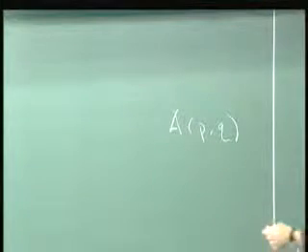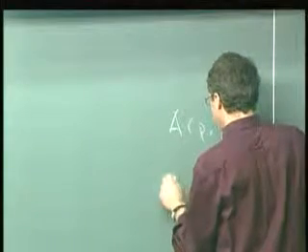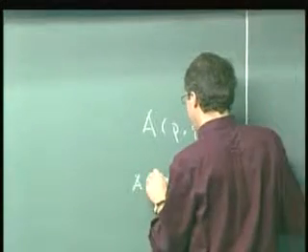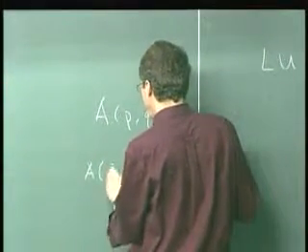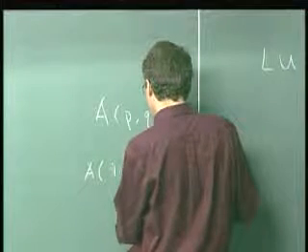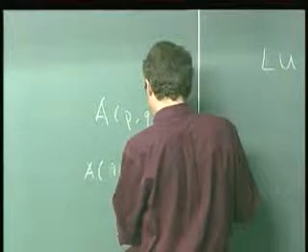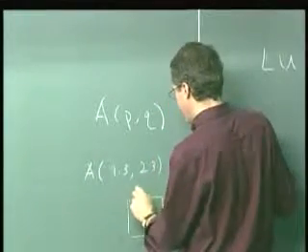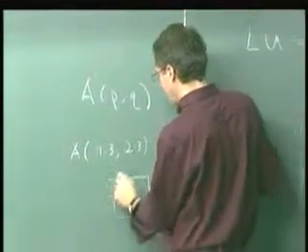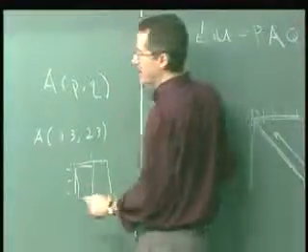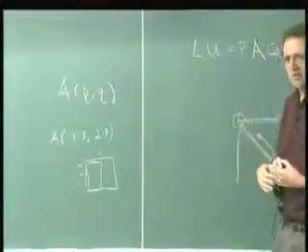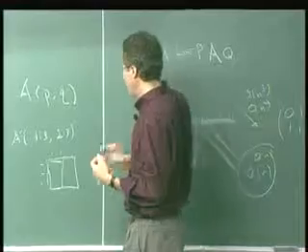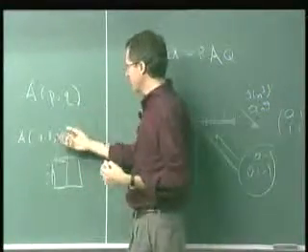Okay, so if this is a 3 by 3 matrix, and I ask for A(1:3, 2:3), for instance, then what I'm asking for are the first 3 rows and the first 2 columns. So I'm getting a submatrix. It's very commonly done in MATLAB. You want to get a submatrix, or maybe you want to get a scalar.